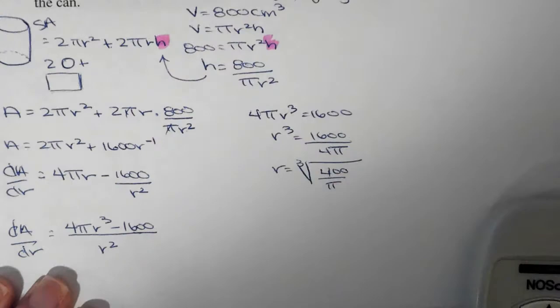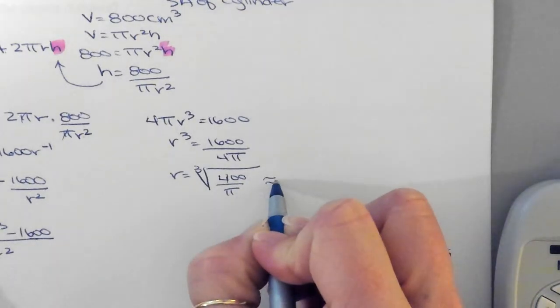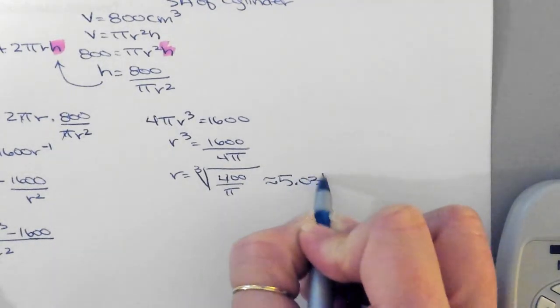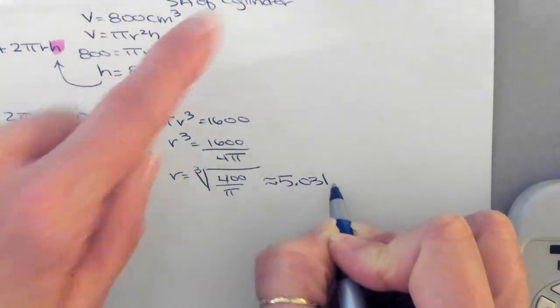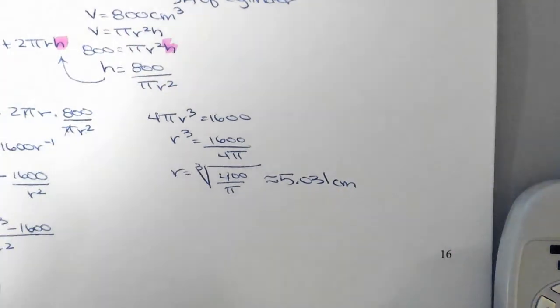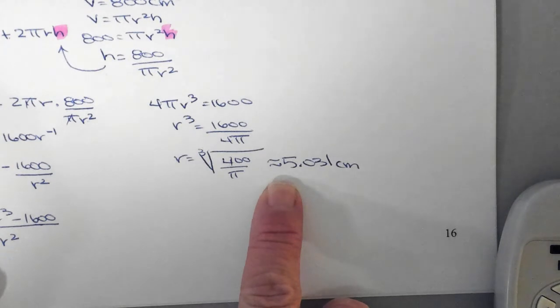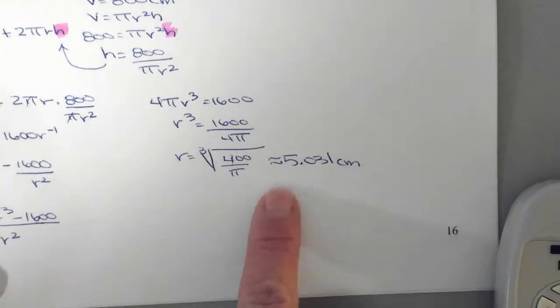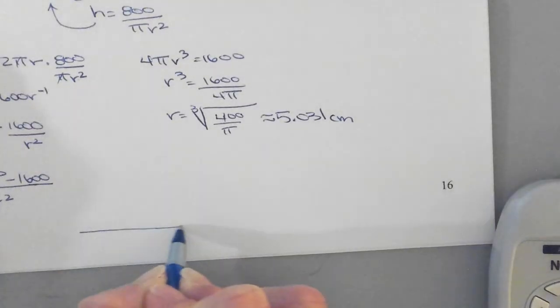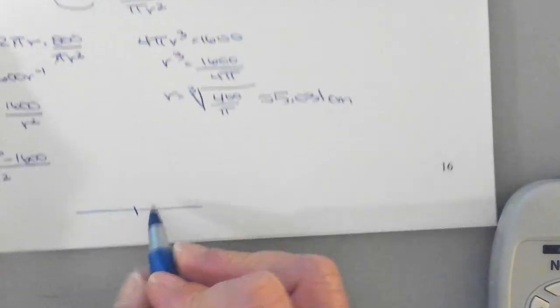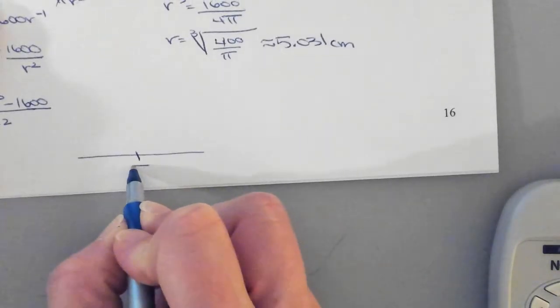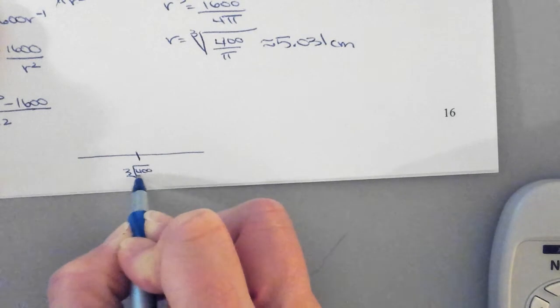All right, so this is approximately 5.031, and what's my unit of measurement here? Centimeters? Okay, now I still need to test to make sure this is a what? I do, so we're going to go down here real quick, and we're going to use the cubed root of 400 over pi.